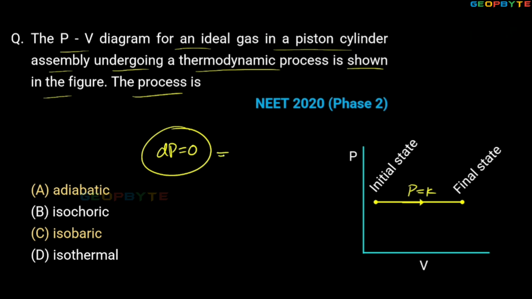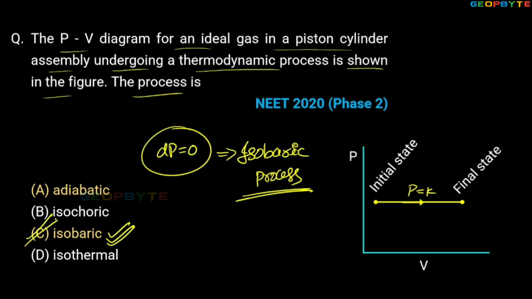That is called isobaric process. Remember, constant pressure process, other name is isobaric process, whereas constant volume process is isochoric process. So since it is isobaric process, option C is absolutely correct.